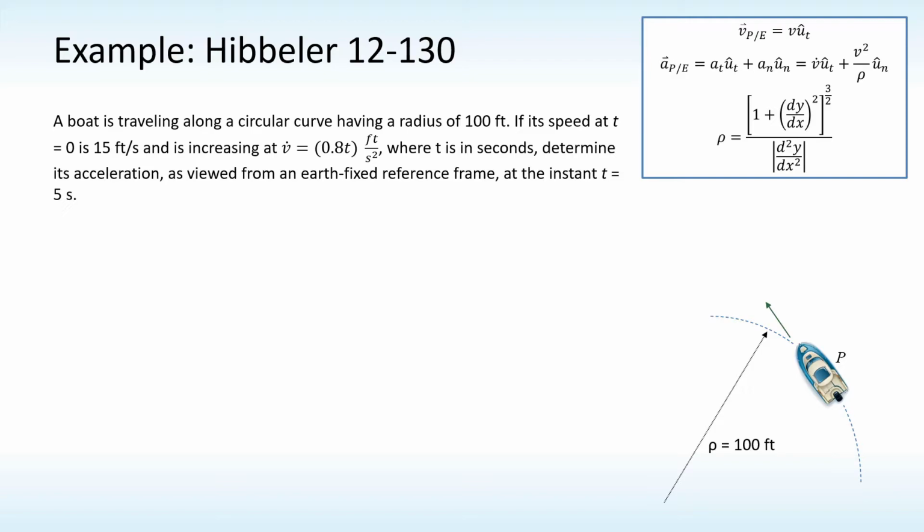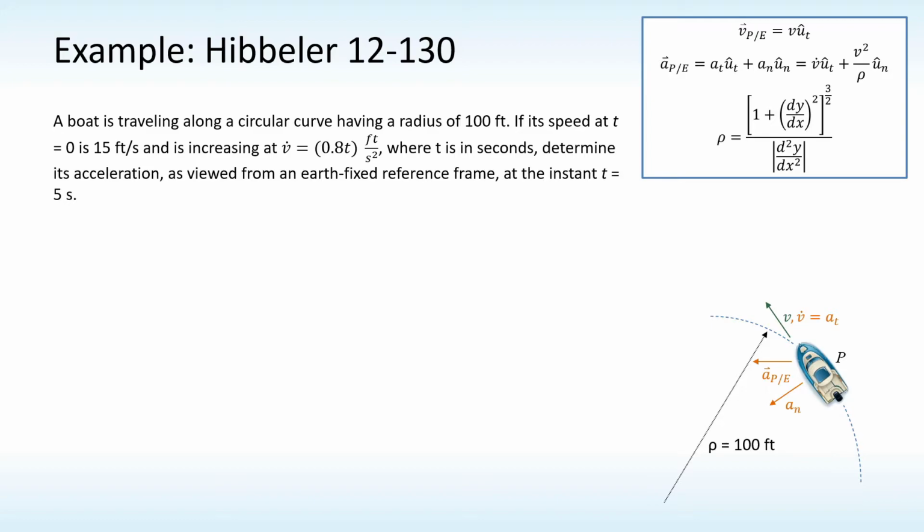One thing you need to be aware of with problems like this is that, as I've said before, velocity is always tangent to the path of motion. Moreover, when you're given v dot, it refers to the acceleration or change in speed along the path of motion. Recall that we said the acceleration vector is rarely tangent to the path of motion, so there's also likely to be a component of acceleration in the normal direction as well.